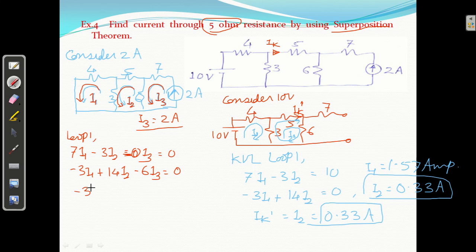So minus 3 I1 plus 14 I2 equal to 6 times I3, and the value of I3 is 2, so equal to 12. This is equation number 1.